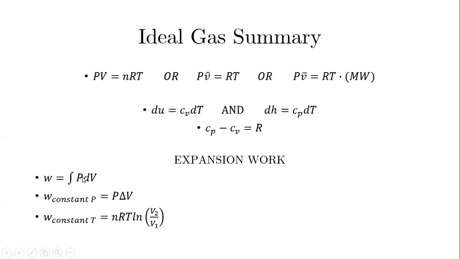Then I have the integral of dV over V, and that's just ln V. I evaluate that from the initial to the final volume, and I get nRT ln V2 over V1. So that's going to come in handy when I have isothermal conditions. The P delta V expression is going to come in handy when I have isobaric conditions. And when I have isochoric, as in no volume change, the work goes to 0. So we're going to use that as well for the ideal gas. So let's do some examples related to that.